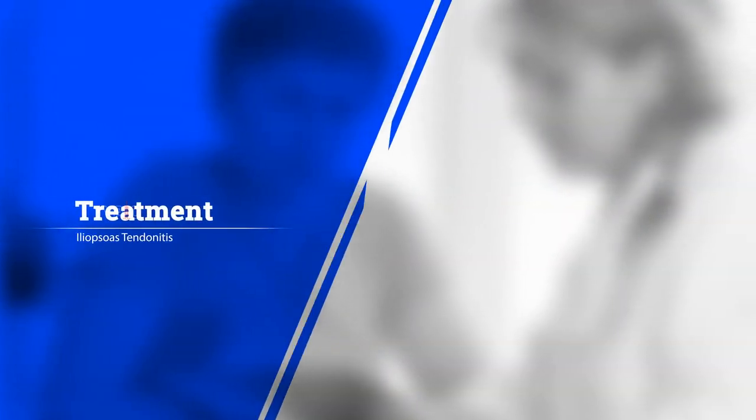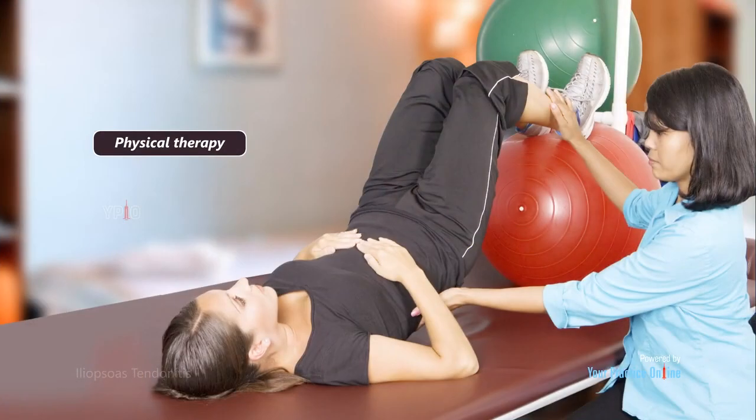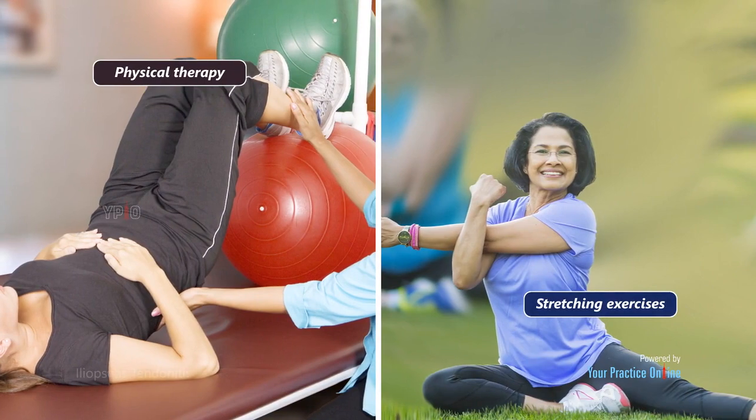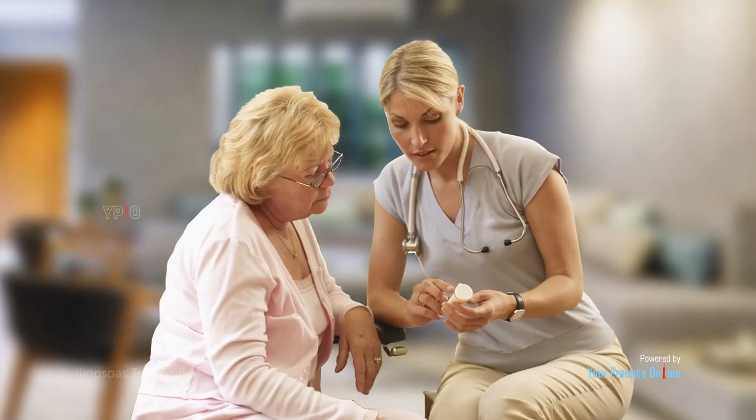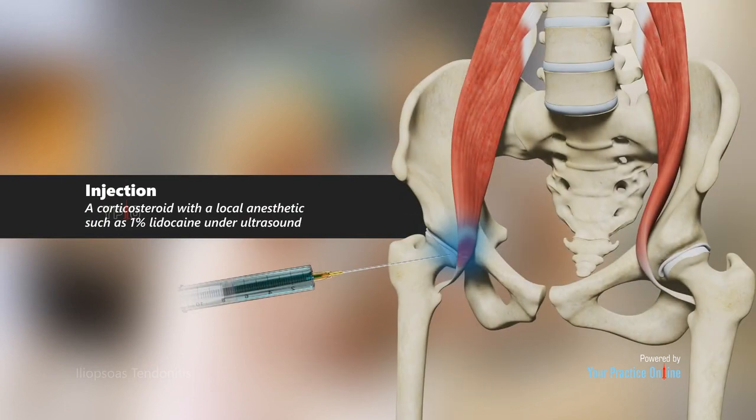Treatment. Treatment for iliopsoas tendonitis may include physical therapy and stretching exercises, pain relief medications, injection of a corticosteroid with a local anesthetic, such as 1% lidocaine under ultrasound.